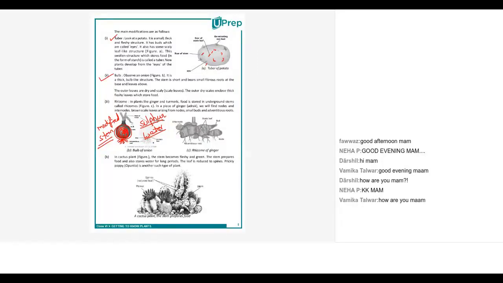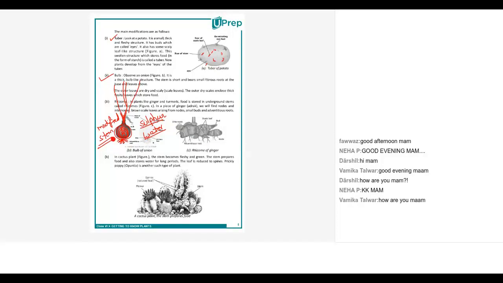Even an onion, when left untouched for a month or so, you will find from the inner portion a small shoot coming out. If planted in soil, this will again give rise to an onion plant. Correct? So these are all a part of vegetative reproduction.